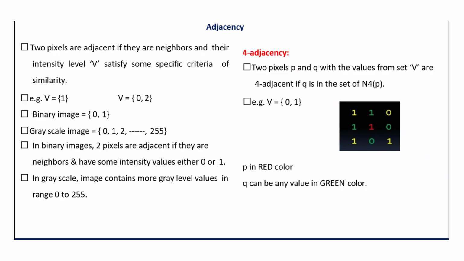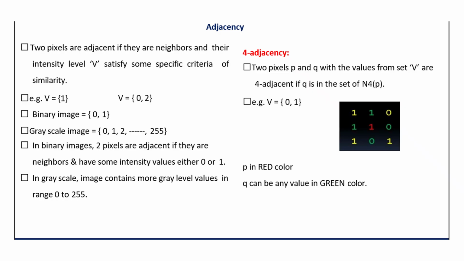Then comes the adjacency. Two pixels are adjacent if they are neighbors and their intensity level V satisfy some specific criteria. For example, in this block of image, we have the values only ones and zeros. So it has the combination of V. The total intensity levels are 1 alone. Binary image means it will have a 0 and 1 alone.